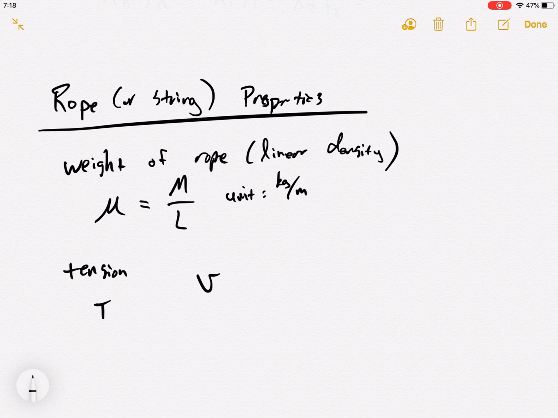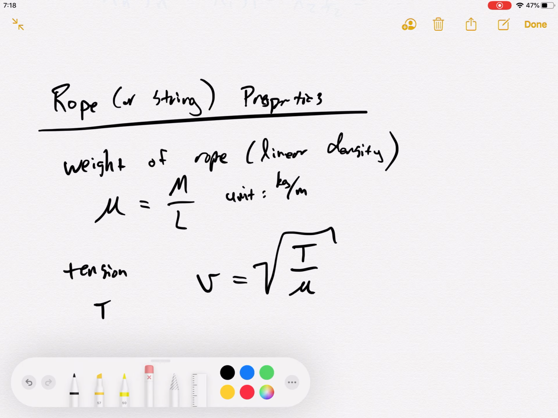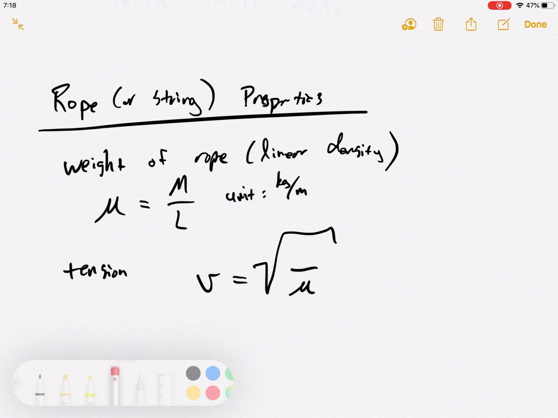So it turns out the wave speed for a wave on a string is the square root of tension over the linear density. And I'm going to change T to F sub T, because T is also period, which is confusing. Great. So let's do one more example.